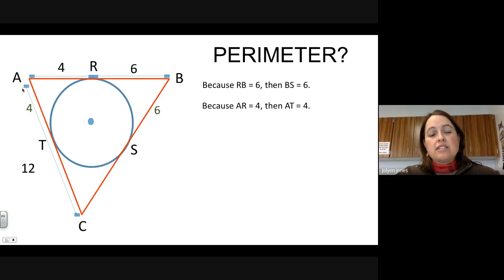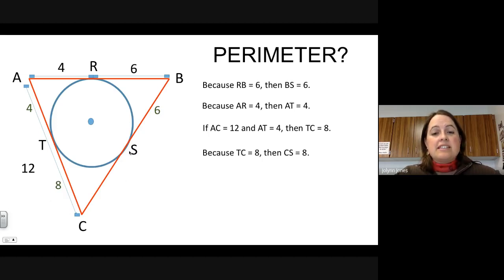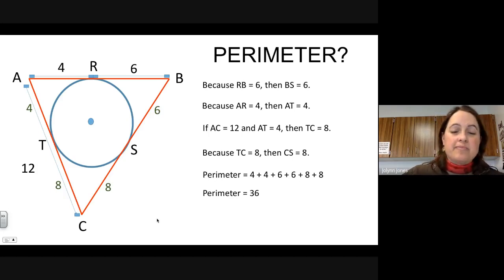But if I know that AT is 4 and the whole thing is 12, then TC has to be equal to 8. And if TC is equal to 8, then CS also has to be equal to 8. And now I can just add up all my pieces. So I've got the 4 and the 4, the 6 and the 6, and the 8 and the 8, all the pieces of that perimeter. And then my perimeter is going to be 36 units.